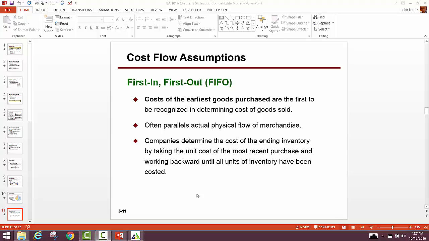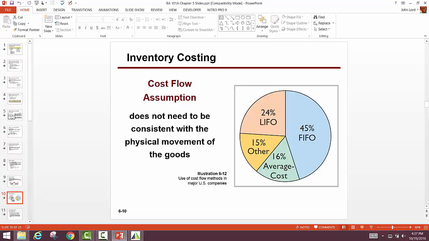But remember, we had left off really talking about the different cost flow assumptions for our inventory. We talked about first in, first out being the most prominently used. LIFO sort of coming in second because of certain tax advantages to using the LIFO method.